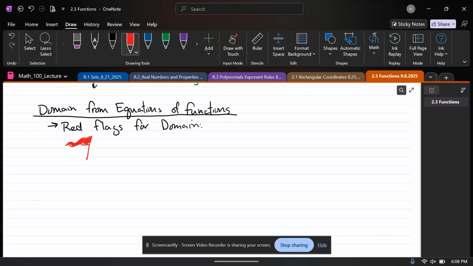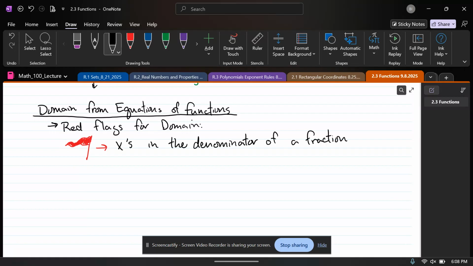The first red flag: x's in the denominator of a fraction. The reason that is a red flag is because that can create division by 0.